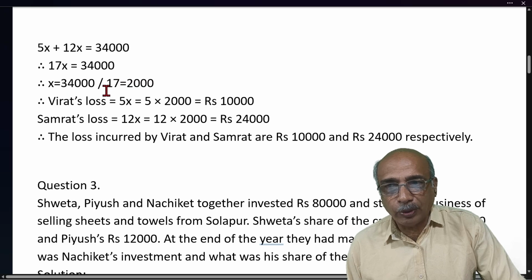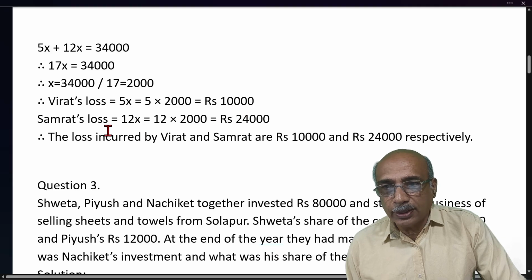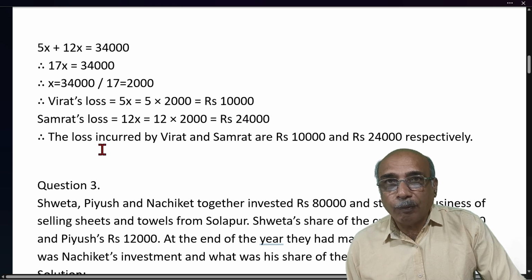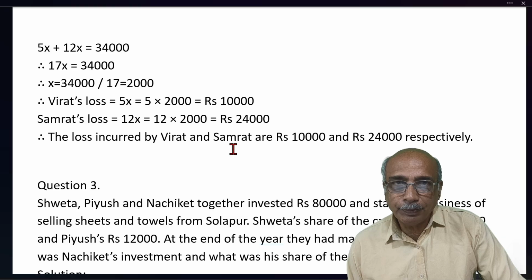Therefore, x equals 34,000 divided by 17 equals 2,000. Virat's loss will be 5x, 5 into 2,000 equals rupees 10,000. Samrat's loss equals 12x, 12 into 2,000 equals rupees 24,000. Therefore, the loss incurred by Virat and Samrat are rupees 10,000 and rupees 24,000 respectively.